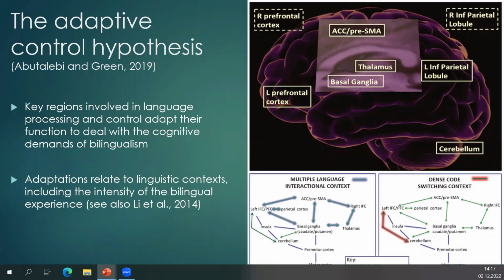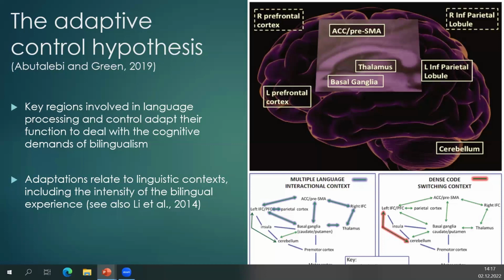Starting with probably the father of all models, we know that key regions that are involved in language processing and language control adapt in terms of their function when they're dealing with the cognitive demands of bilingualism, right? So Green identified some key regions related mostly to language control, like some frontal regions, the cortex, the ACC, the thalamus, the basal ganglia, some parietal regions, and the cerebellum.